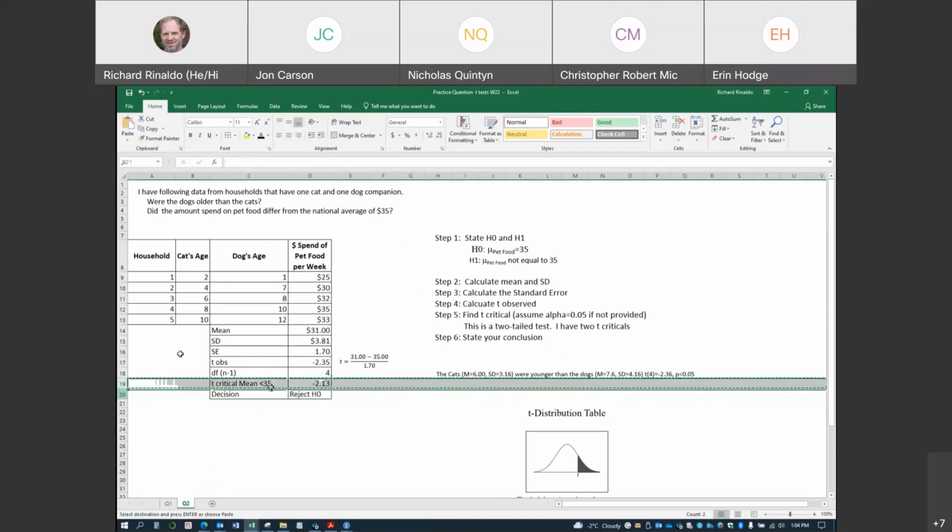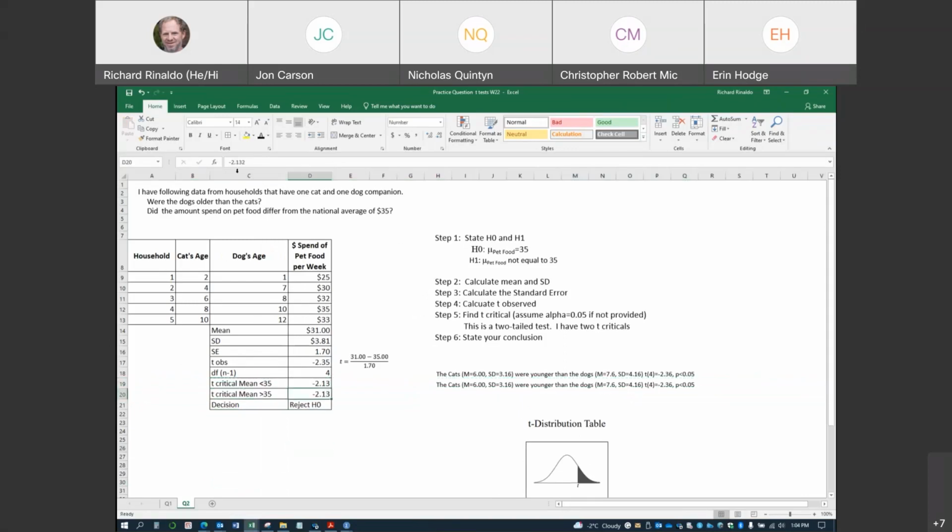And there's a T critical for the M greater than 35, right? Now the T critical is going to be my alpha, 0.05 if provided.